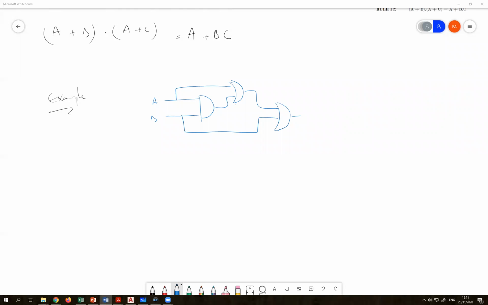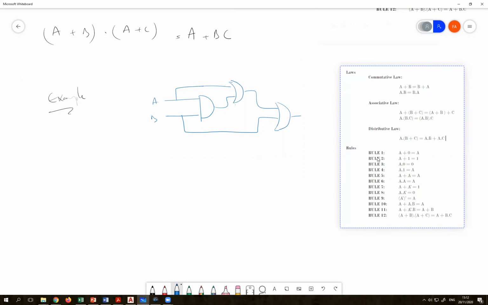Again, the rules are here. So first of all, you've got to write what x is. So x is equal to what? I've got an OR gate. You see, we've got an OR gate with two inputs. One of them is B.